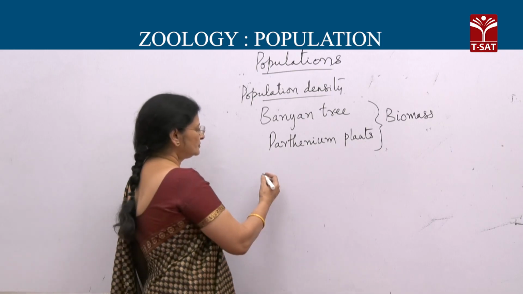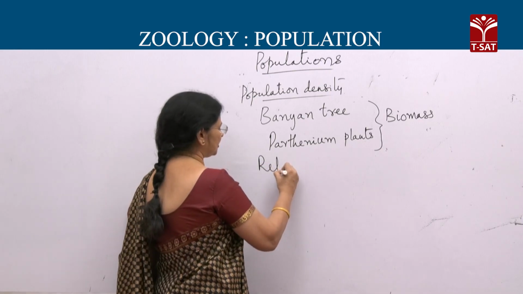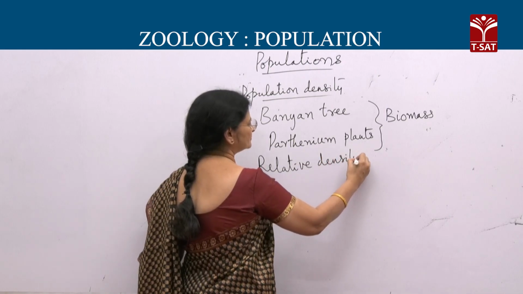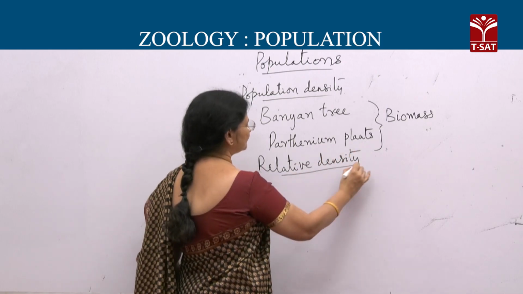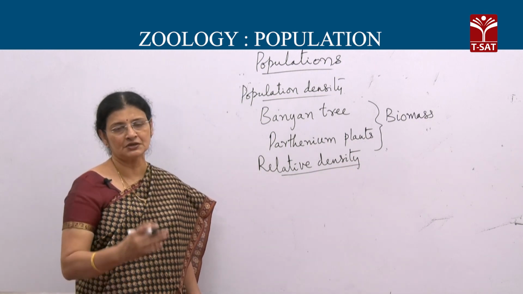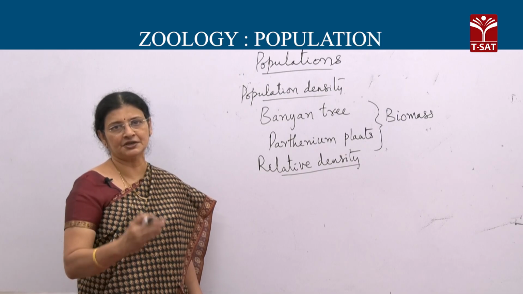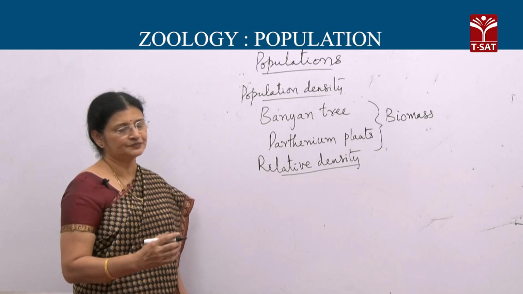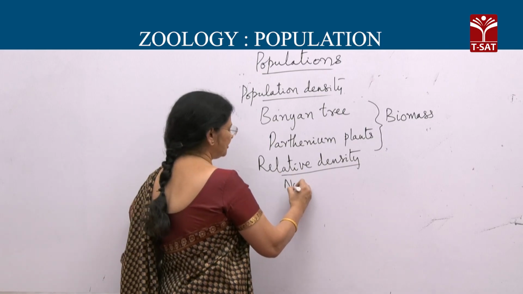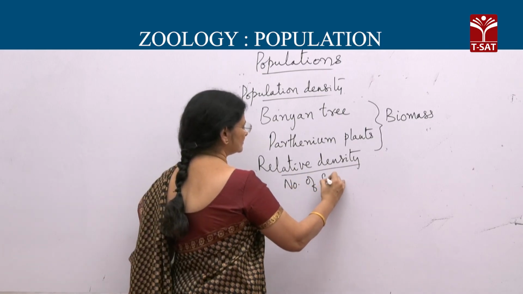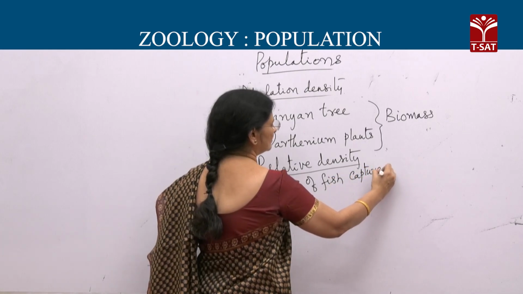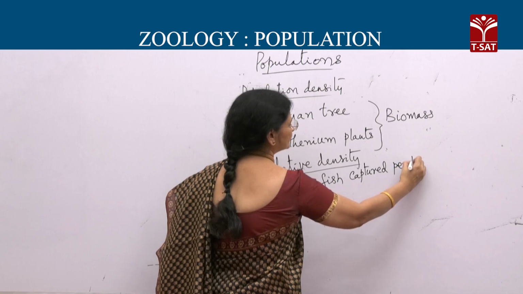Same way, sometimes you have to take relative density into consideration. For example, when we are talking about the density of fish in a particular season, at a particular place, we take the number of fish captured per trap.